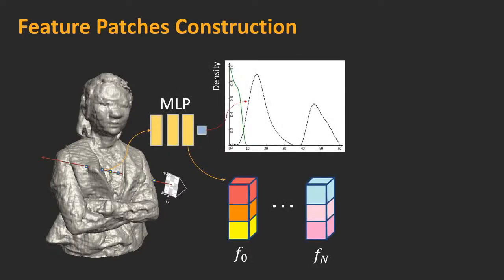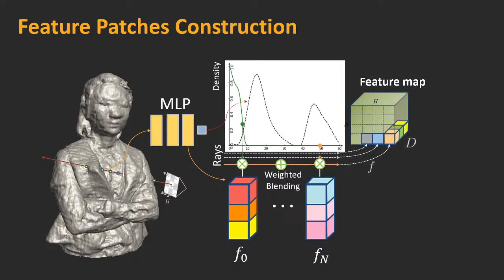That is, we use an MLP network to extract the radiance feature and density for each sample point. Then we weighted-blend the radiance features of each ray with the estimated alpha of the sample points as the ray feature.